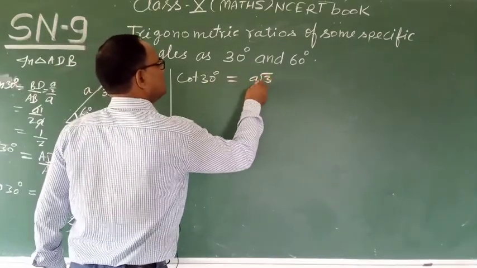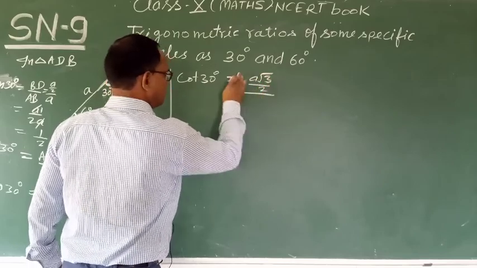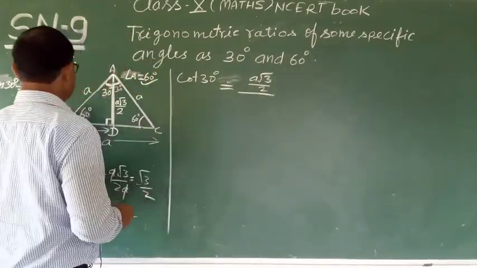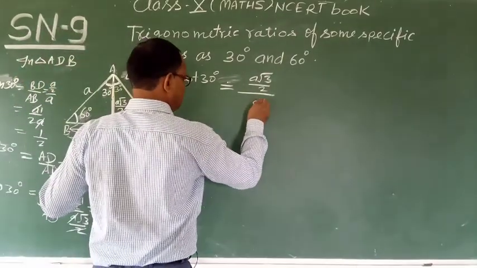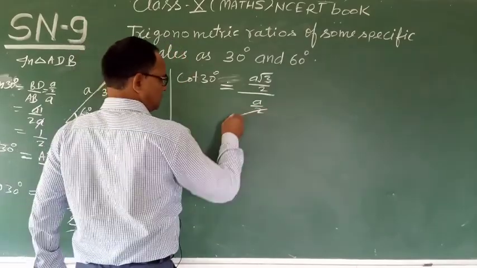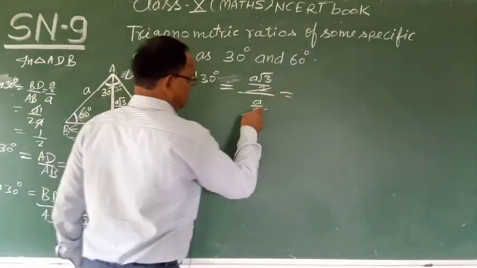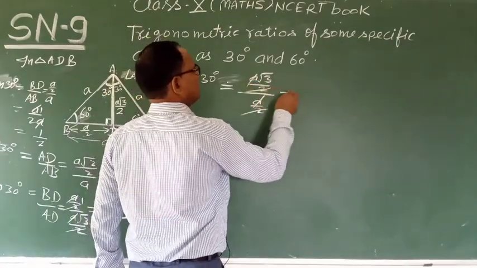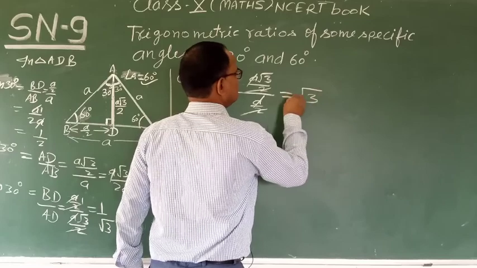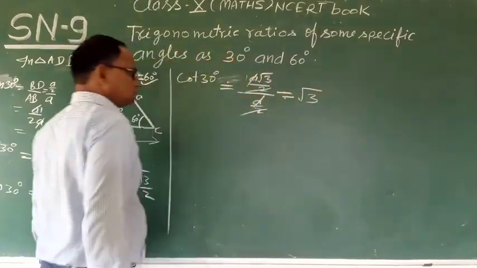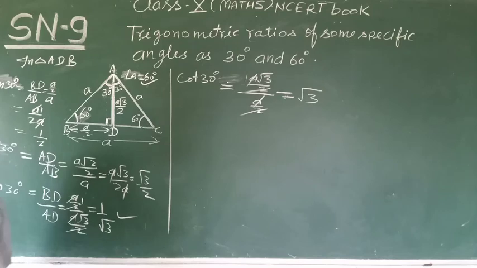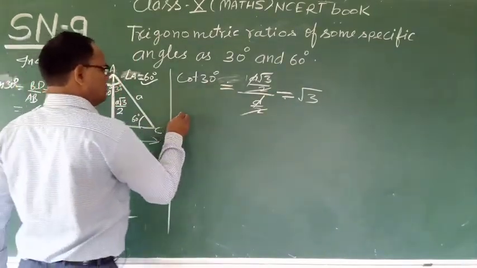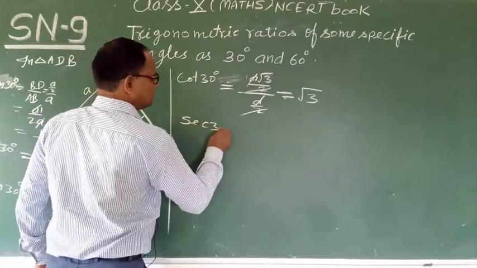Base A root 3 by 2 whole by A by 2. Here 2 cancels 2, denominator cancels denominator, and A cancels A, we get root 3. Cot 30 degree is equal to root 3.